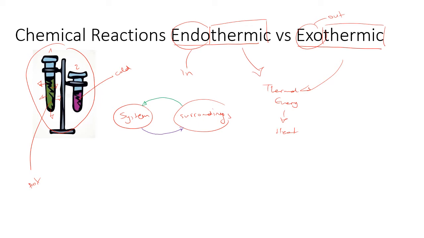So molecules and proteins in your skin vibrate more, and these cause receptors to send nerve impulses to your brain, which then says, something's going on over here. This is warm. But the main thing you need to realize is that energy is going out of the system. So we can comfortably say that this is an exothermic reaction because energy is going out.